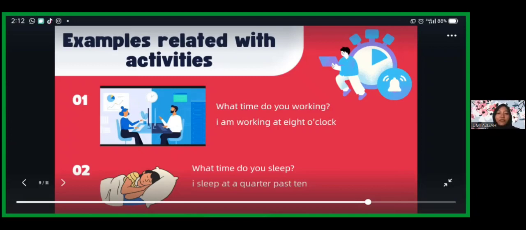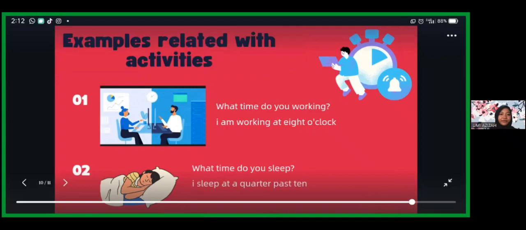For this, I am working, use present continuous, yeah. I am working at 8 o'clock. And then number 2, what time do you sleep? I sleep at 10:15. Use a simple present. Okay, next, yeah.